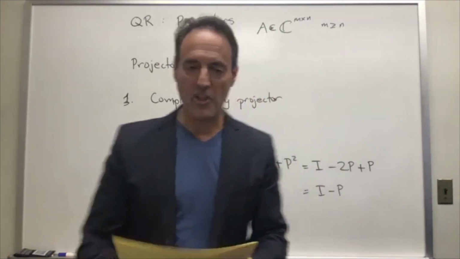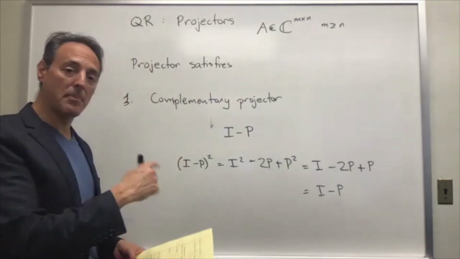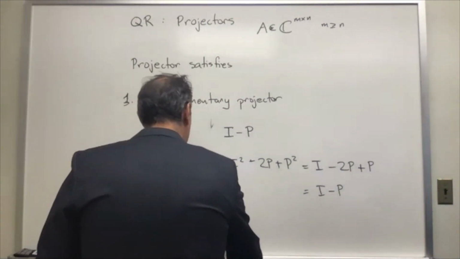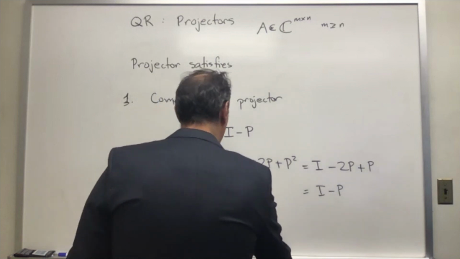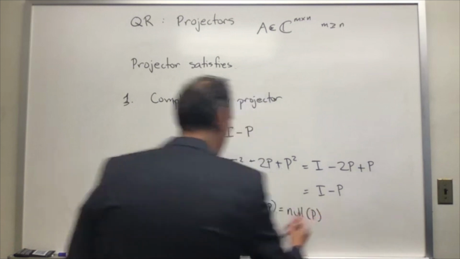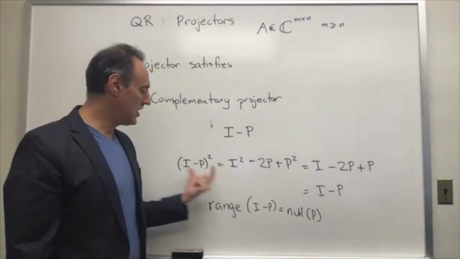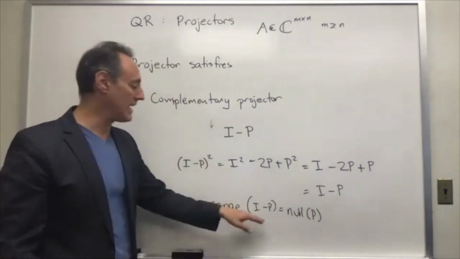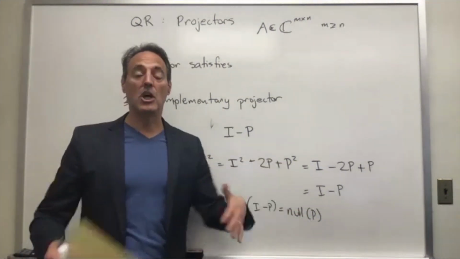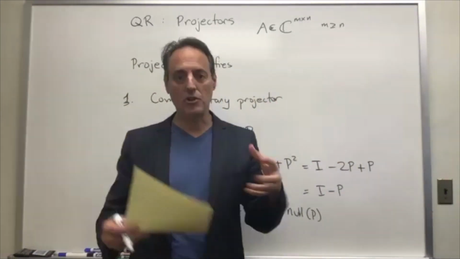But here's the important thing about this. We just showed that if you look at Py minus Y, that was in the null space. And what this implies then is the range of I minus P is equal to the null space of P. So that's what we mean by a complement, right? What does this operator span? It spans the null space of P. So essentially, two orthogonal spaces. So if I want to span an m-dimensional space, I could do the projector on n dimensions.